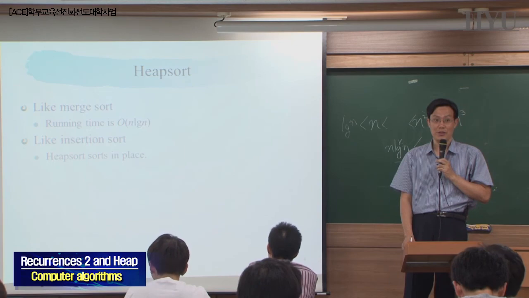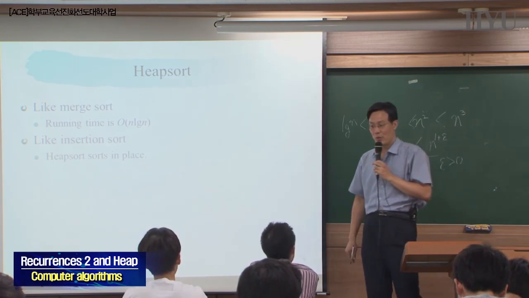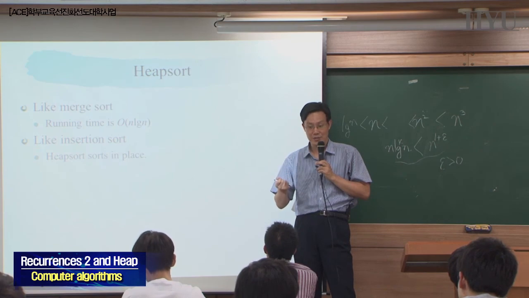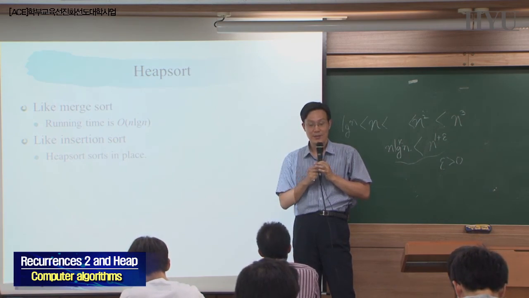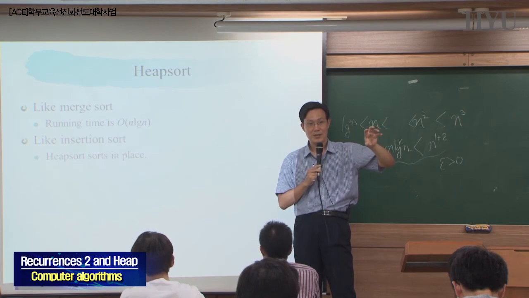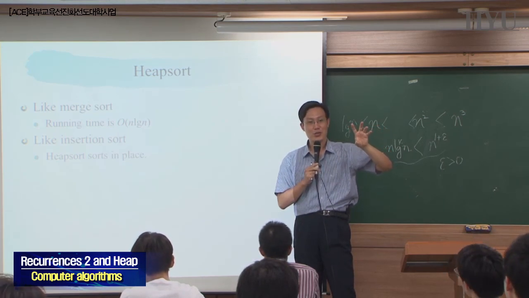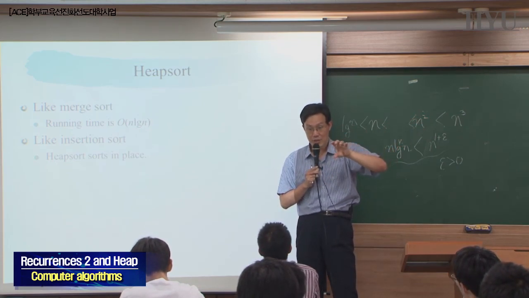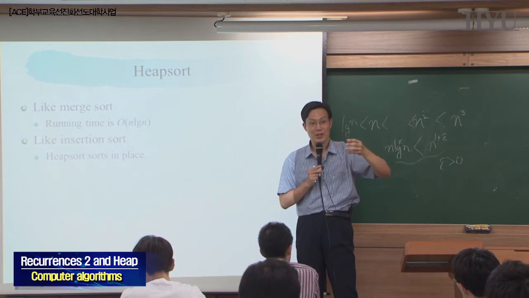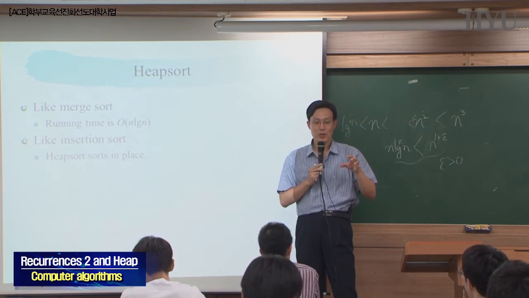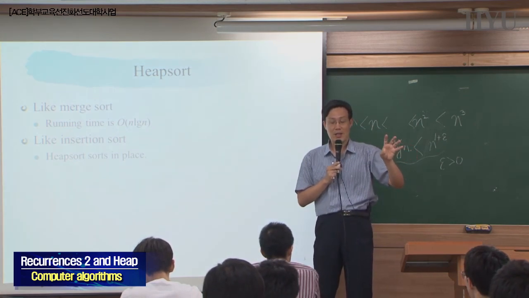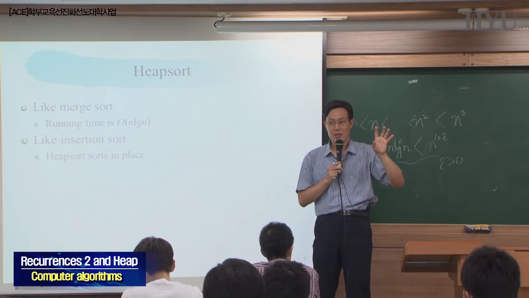Yes, it's n squared. Then what is the running time of merge sort? N log n. So merge sort is faster than insertion sort. Sometimes insertion sort is faster if the array is already sorted. I showed it. But when we compare the worst cases, the merge sort is faster than the insertion sort.